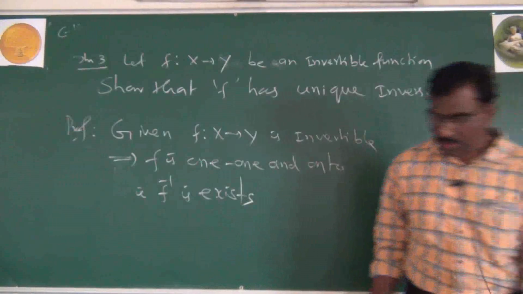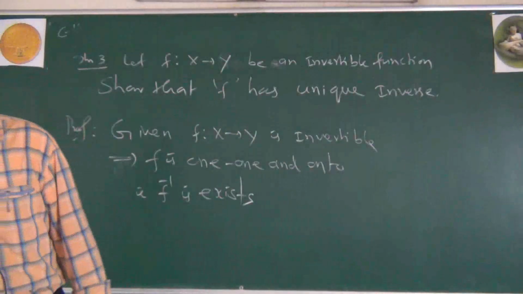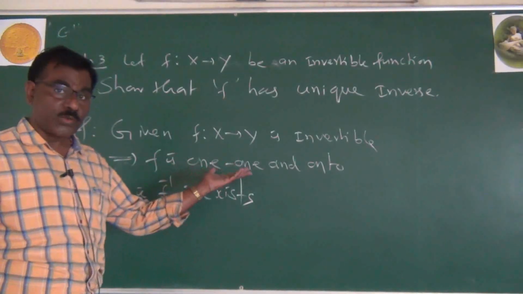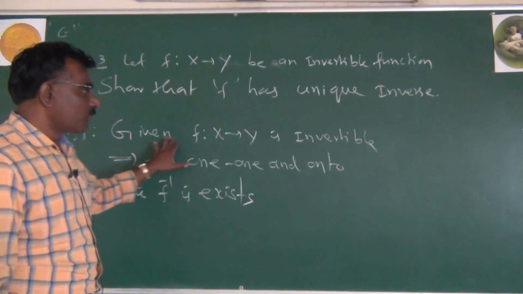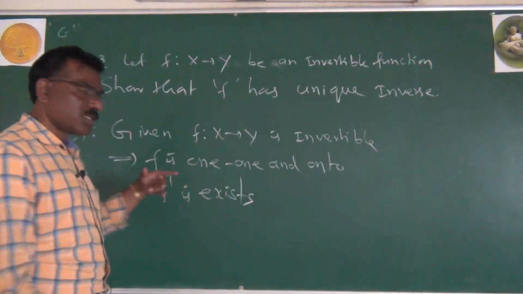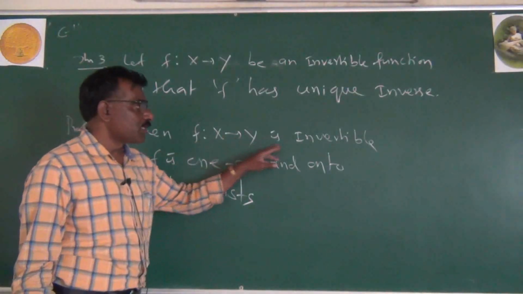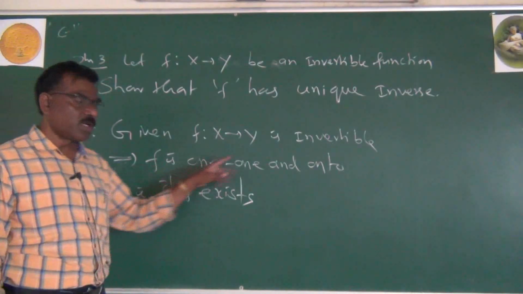When you say unique inverse, the inverse must exist. When the inverse exists, f must be one-one and onto. The function f is one-one and onto, so the inverse is also one-one and onto. Invertible means f is one-one and onto.